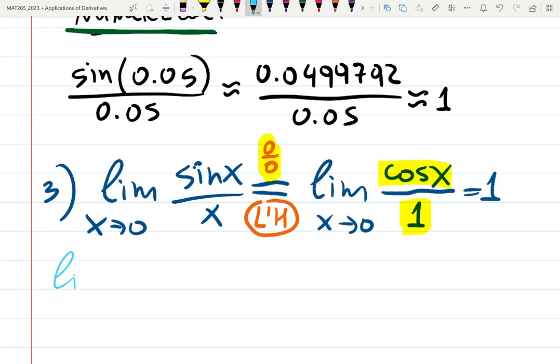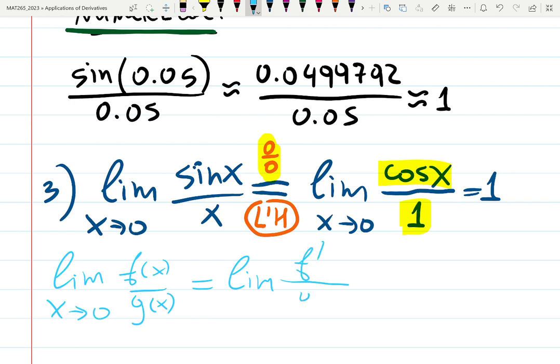It was limit of f of x over g of x as x approaches 0. And then we wrote down limit of f prime over g prime. And that was cosine x over 1. Maybe write it down once for you to have good notes. But in general, you take derivatives and you're happy.